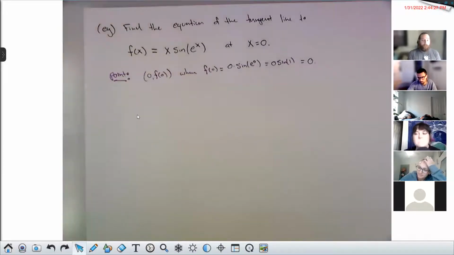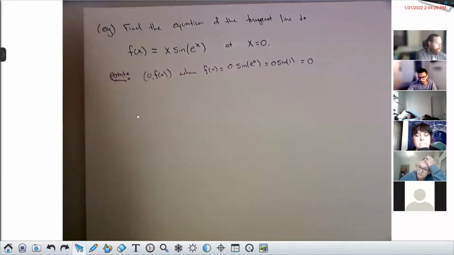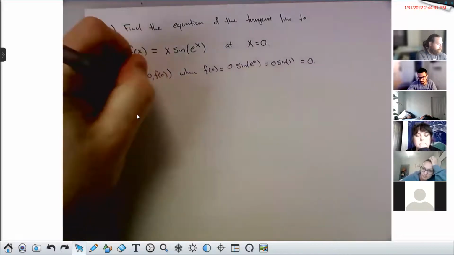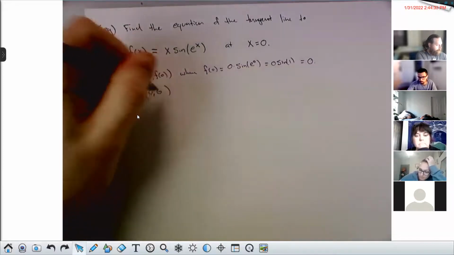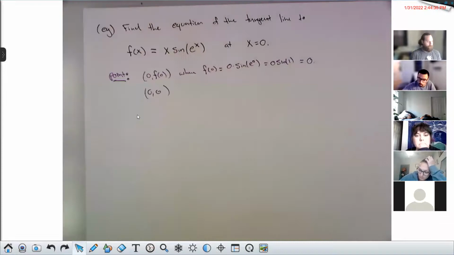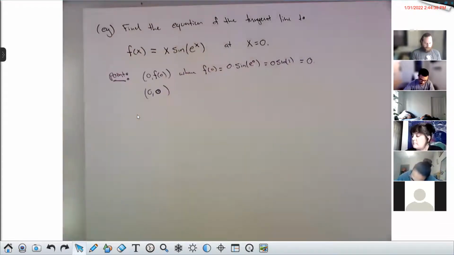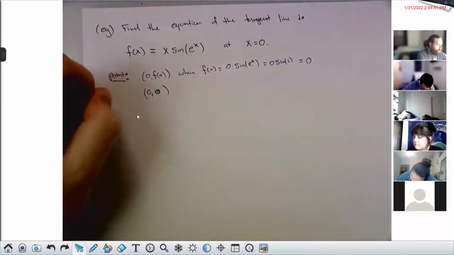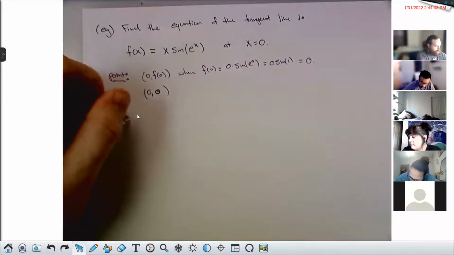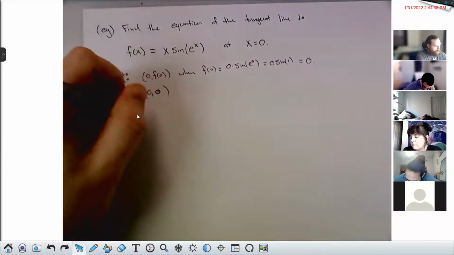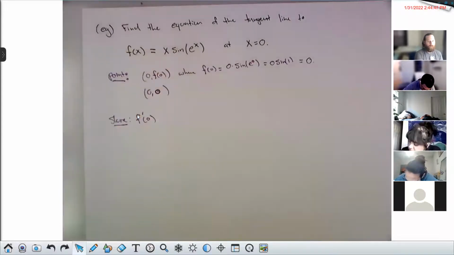So that point is going to be 0, comma 0, because f of 0 is 0. The slope is the part where we need to do some work, of course. The slope is going to be f prime of 0.